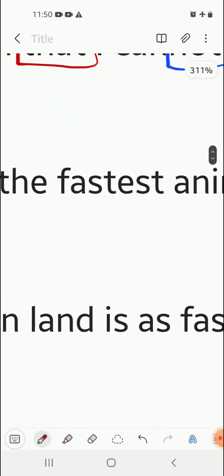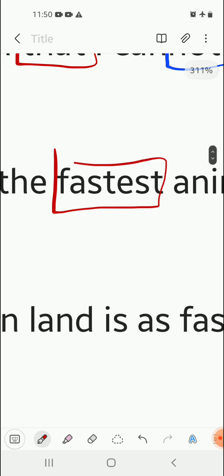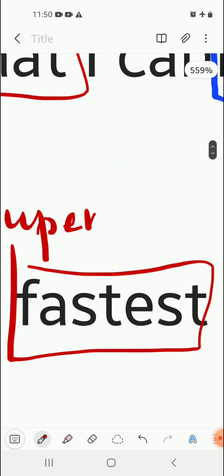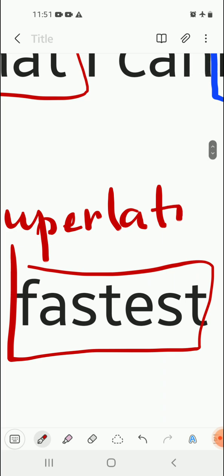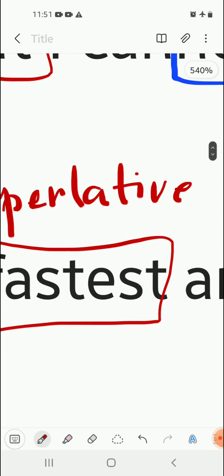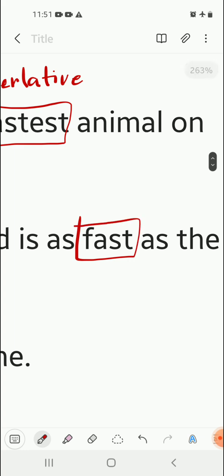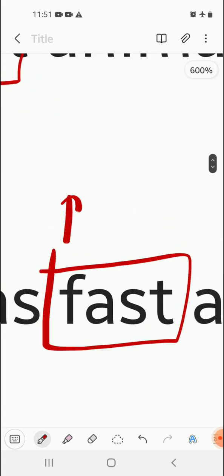So over here we had used fastest, that is the superlative degree of comparison of adjectives. But in the answer we are using as fast as, like the previous one, that is the positive degree.